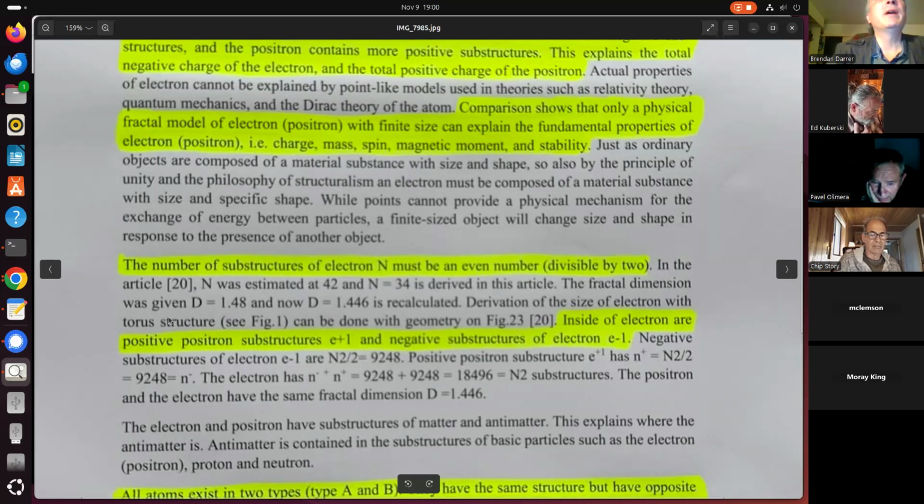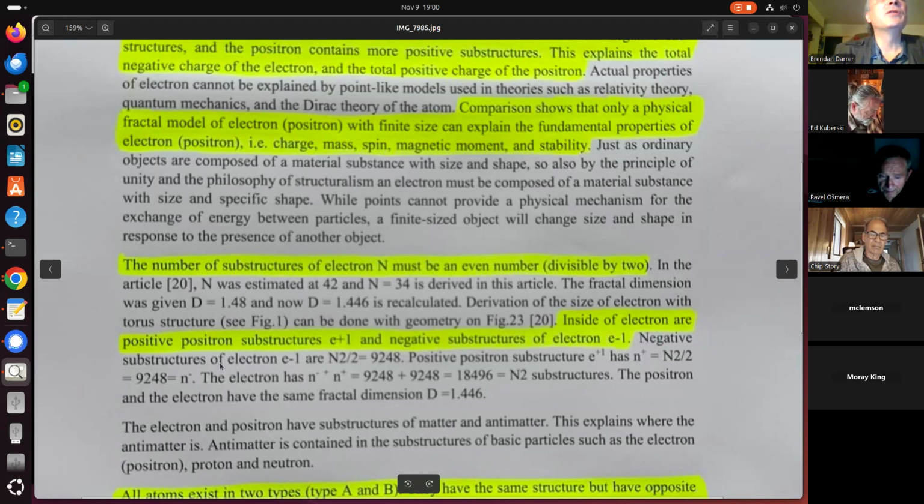The fractal dimension was given as D equals 1.48 and now D equals 1.446 is recalculated. The derivation of the size of the electron with torus structure, figure 1, can be done with geometry on figure 23. Inside the electron are positive positron substructures E+1 and negative substructures E-1.